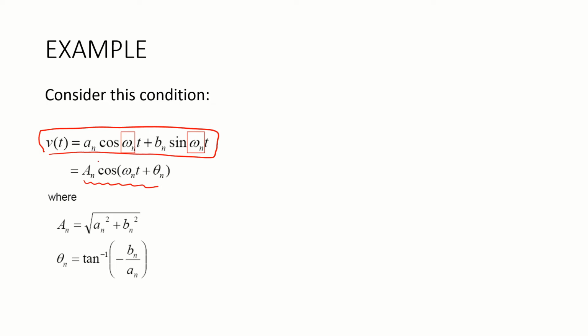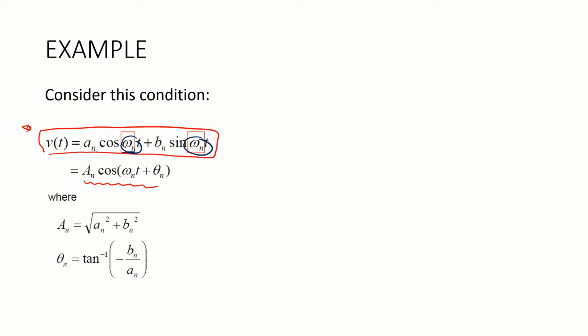To use this particular formula, the most important thing you need to take note of is, wait a minute, I'll change the ink color. The most important thing is to make sure that the value of omega in the first and the second term is the same.